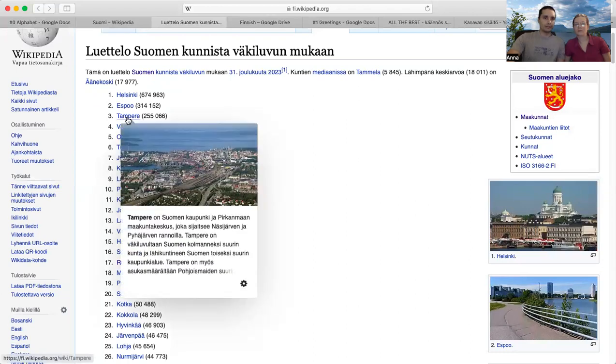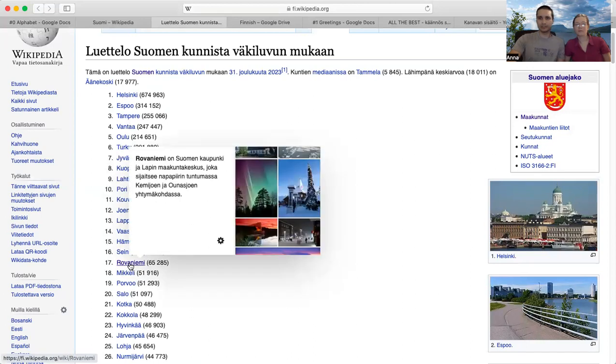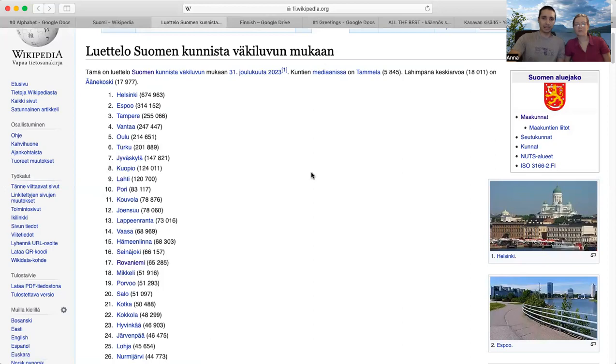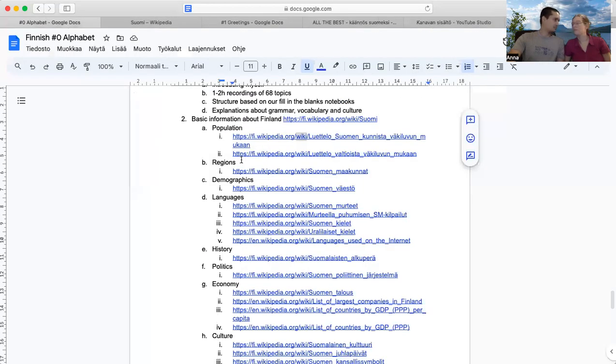And Tampere would be second biggest if we counted these three as one. And the place where we are living now, Rovaniemi, is the 17th biggest. Although it's the biggest in Lapland, which is the biggest province in Finland.